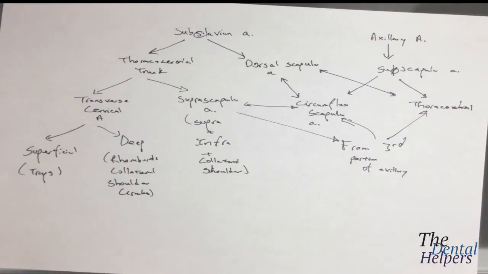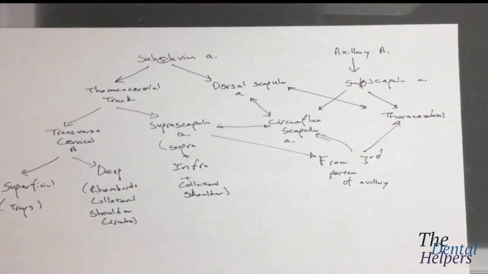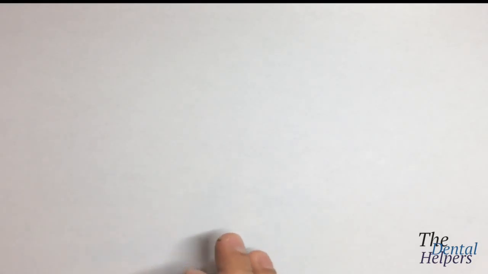Another thing that is really important to learn is the different muscles, or the different spaces, I should say, for the names of the muscles within and around the scapula.